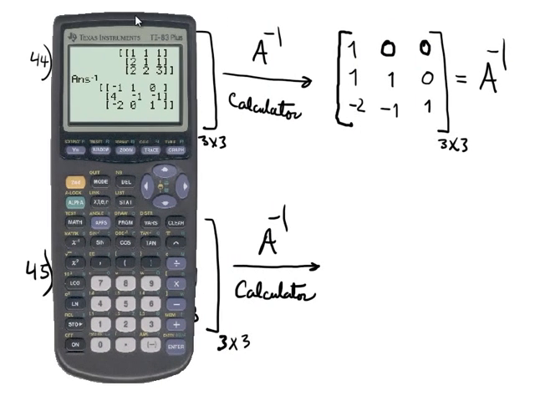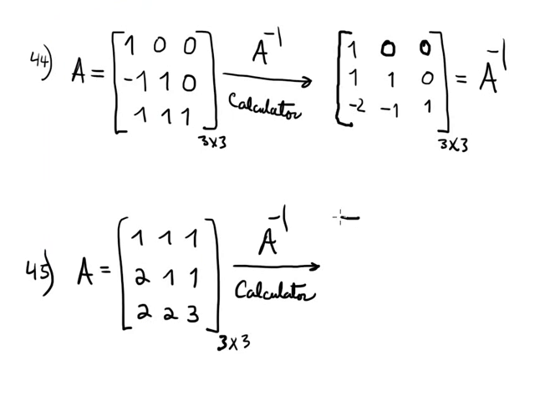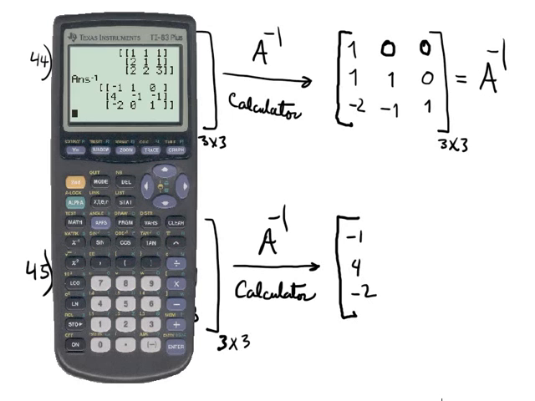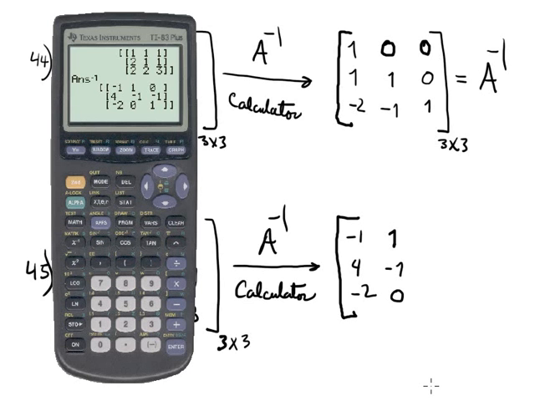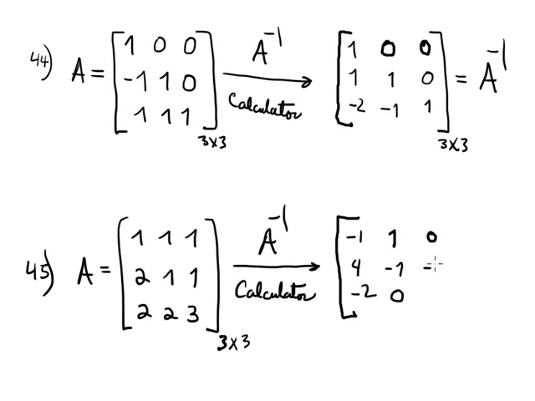The inverse matrix is negative 1, 4, negative 2; 1, negative 1, 0; and 0, negative 1, 1. And this is our inverse matrix, 3 by 3.